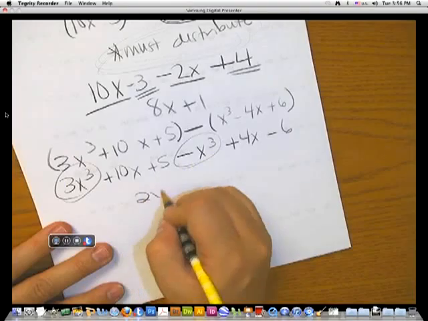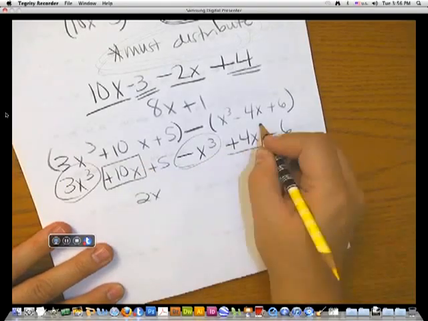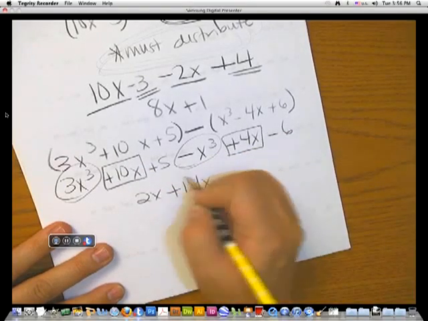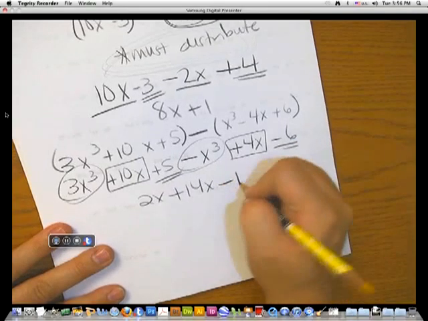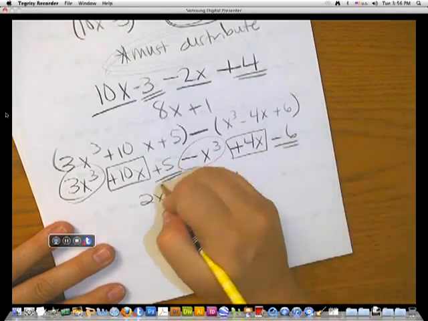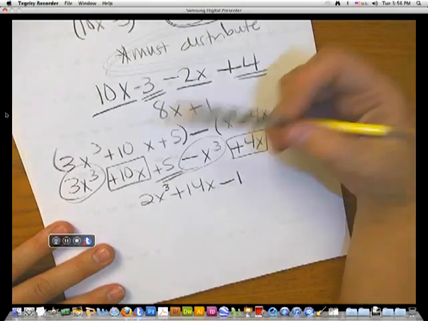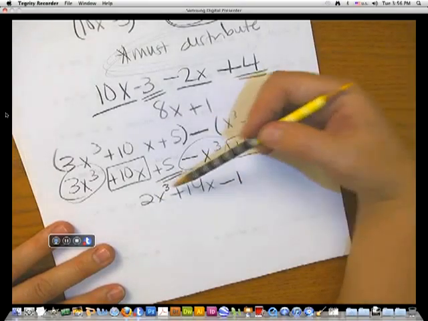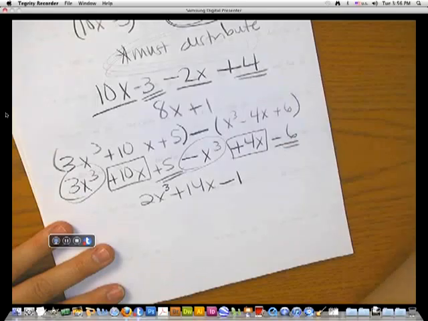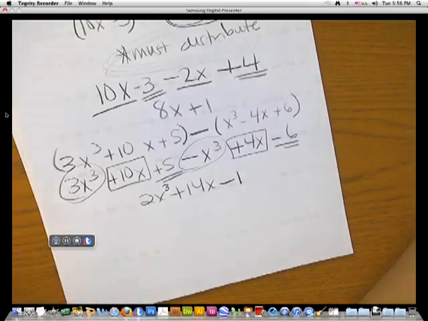Combine like terms. And you're done. Make sure it is in order. Make sure it is in highest power to lowest power, and everything is there.